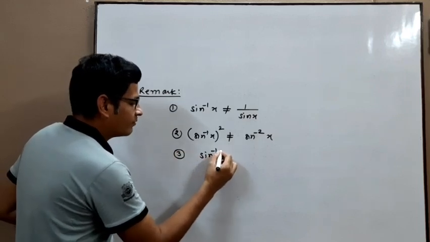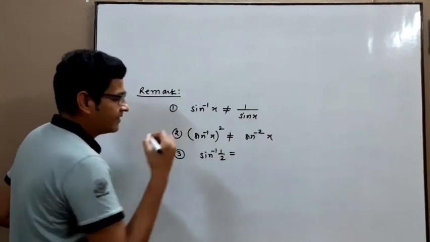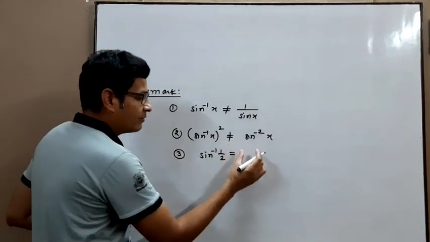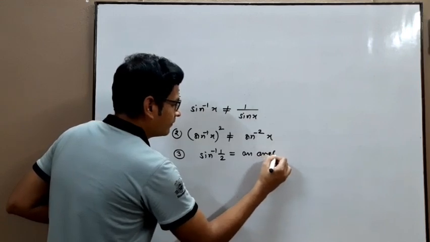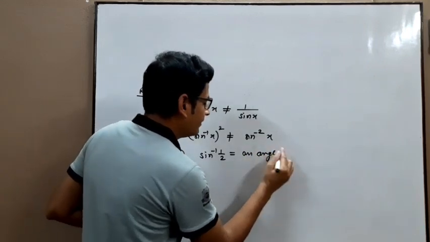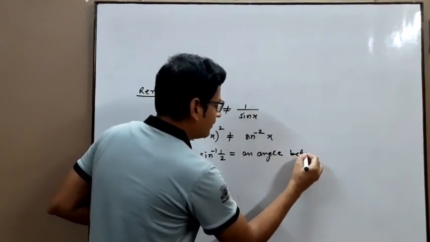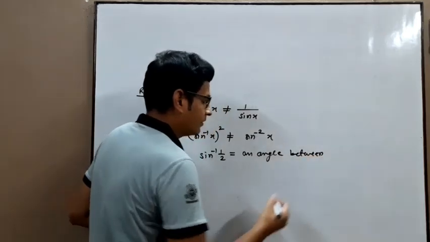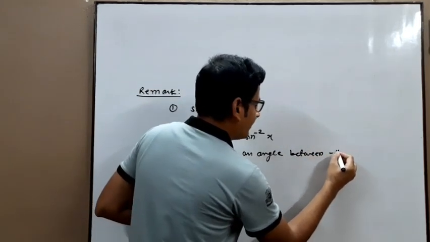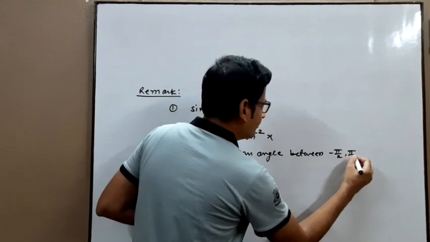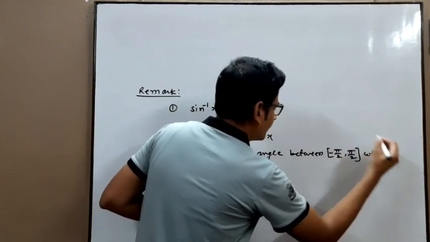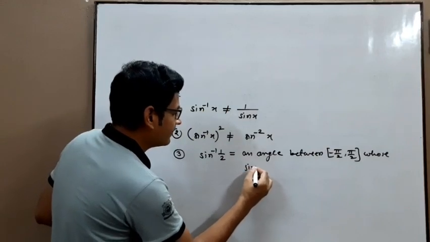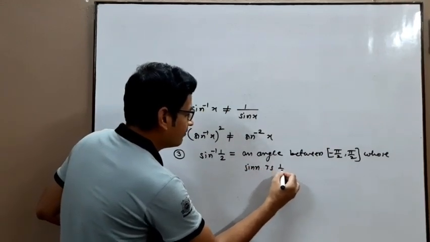Point number 3. Sin inverse 1 by 2 means an angle between -π/2 to π/2 whose sine is 1 by 2.